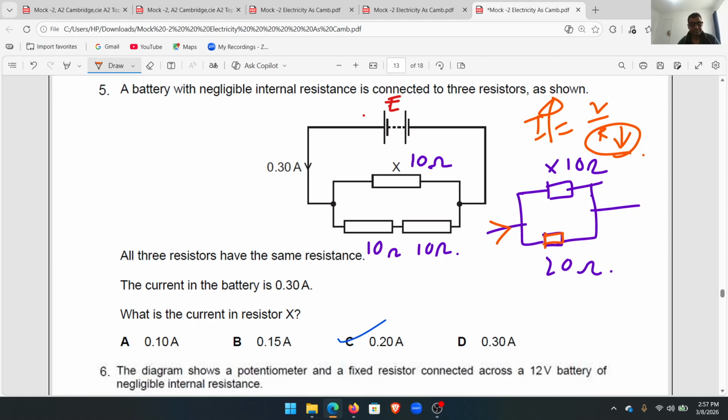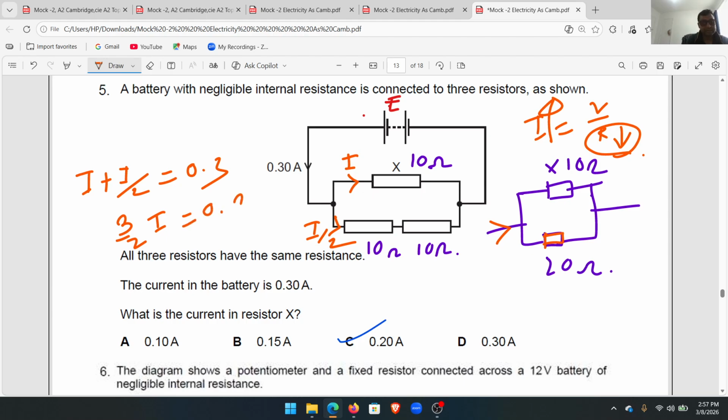Okay. So if you think the current in this pathway is I, then I by 2 will be in the lower pathway. And I plus I by 2 will be 0.3. That means 3 by 2 I is equal to 0.3. Right? So it becomes 0.2, I think.